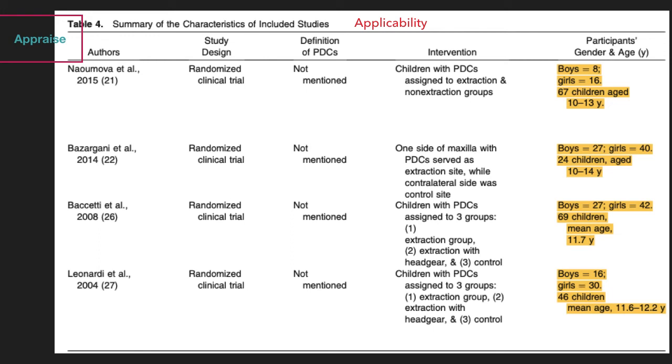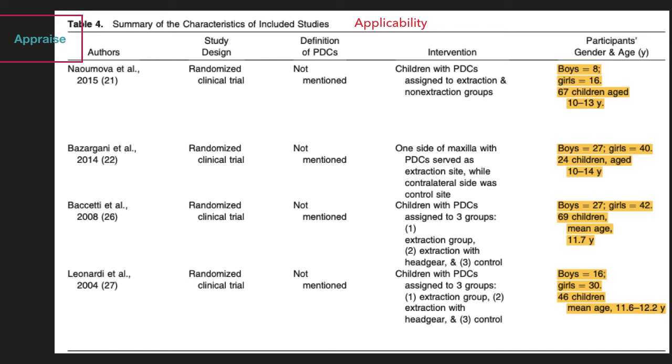Okay, we're still in the third step, appraise, and the applicability. If I'm willing to apply the results, I should see the inclusion criteria or the characteristics of studies.